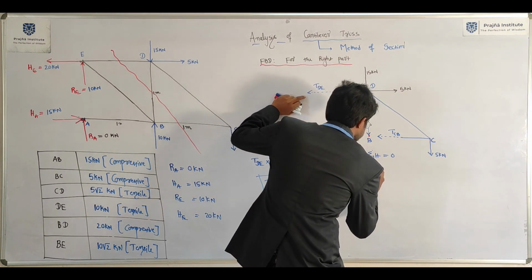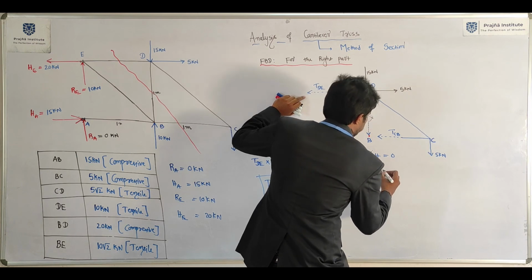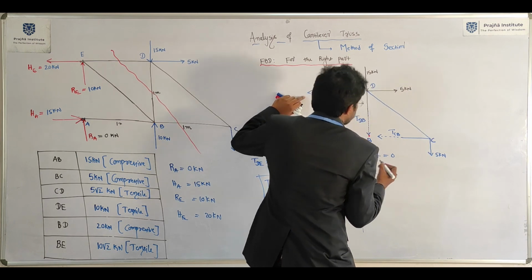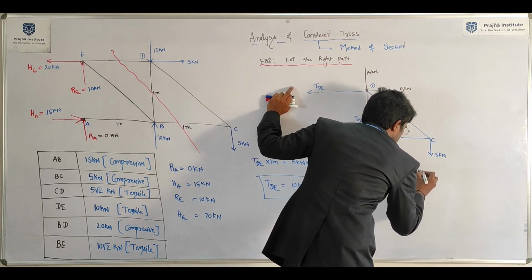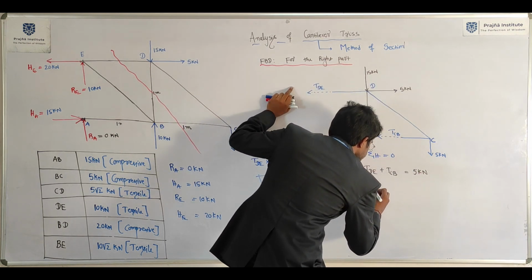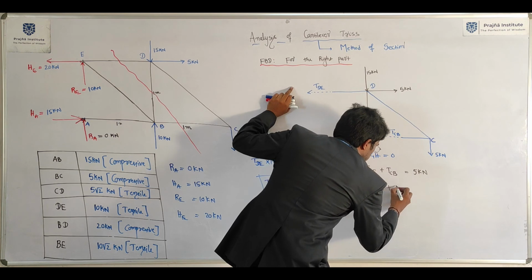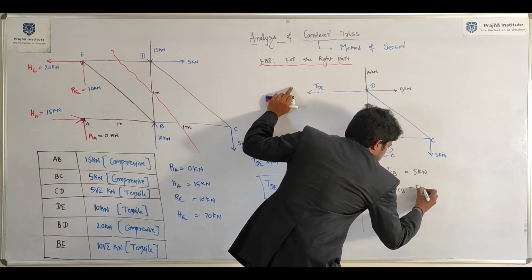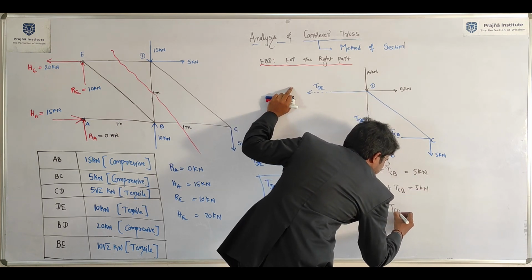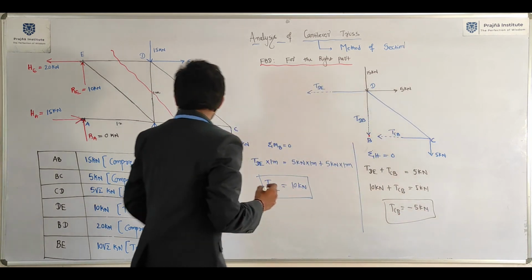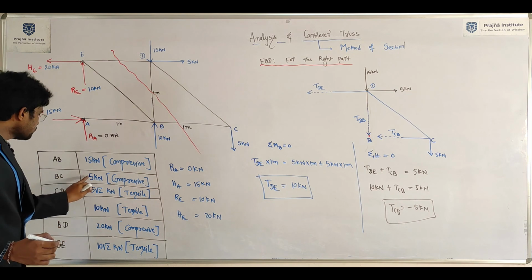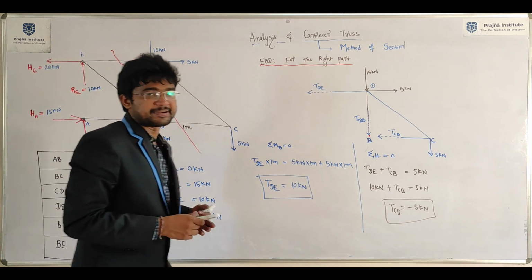Left force in the sense TDE plus TCB equals 5 kilonewton. TDE is nothing but 10 kilonewton, so finally TCB equals minus 5 kilonewton. BC is 5 kilonewton compressive.